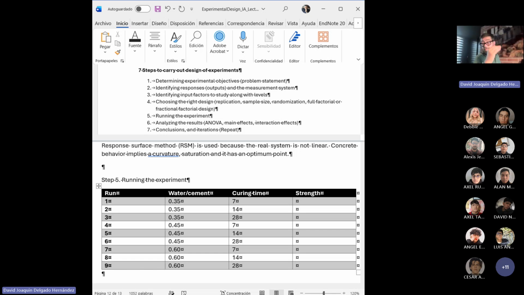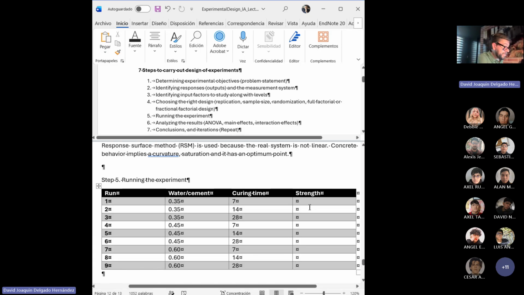As you can see, this is a very systematic way to do the experimental design. If you do it very systematically, the probability of having some error decreases because you are having this in a good order. And finally, let us put the strength.